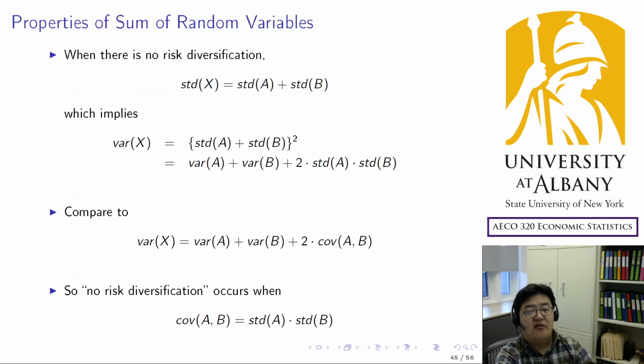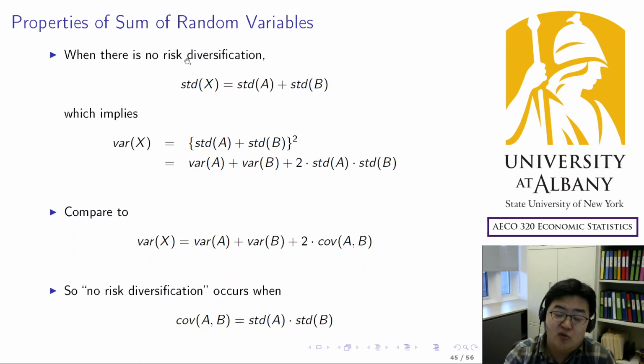Okay, so then we can think more about this. Now let's define the risk as the standard deviation, which is more common. Standard deviation is a modification of the variance to be consistent with the unit. So let's take standard deviation as the measure of the risk. Then when does it happen?